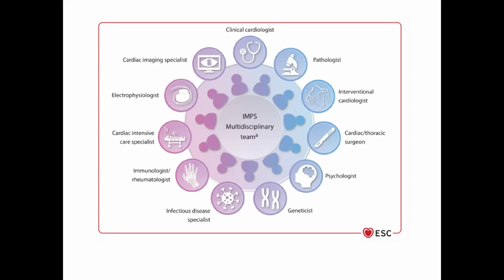It can involve an interventional cardiologist if intervention is needed for pericardial tamponade, a cardiac or thoracic surgeon if a pericardial window is needed, and a psychologist, because if you have incessant, difficult to treat and recurrent pericarditis, it takes a toll on the mental health of these patients, who are usually young and can be very anxious. It may involve a geneticist in patients with recurrent pericarditis and an identified gene, especially if there's family history. It can involve infectious diseases in tuberculous patients, for example, and immunologists and rheumatologists.